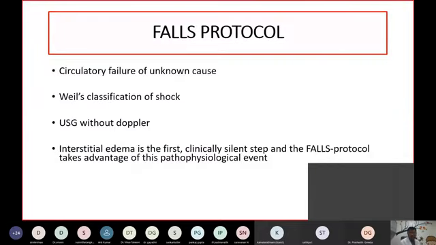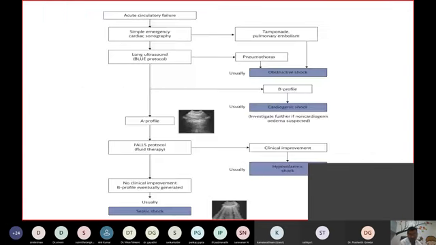There is something called the FALLS protocol, which is for circulatory failure. Here, what we basically do, I'll just go through the next slide. Whenever you get a patient with acute circulatory failure, you do a simple lung ultrasound and 2D echo to rule out two things: one is tamponade and one is pneumothorax.